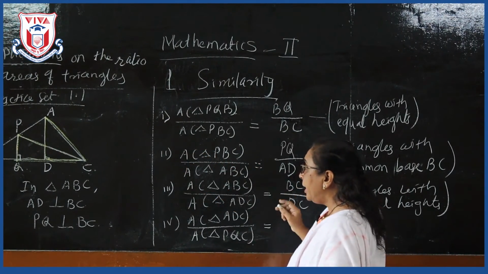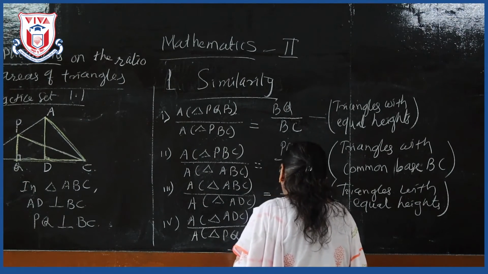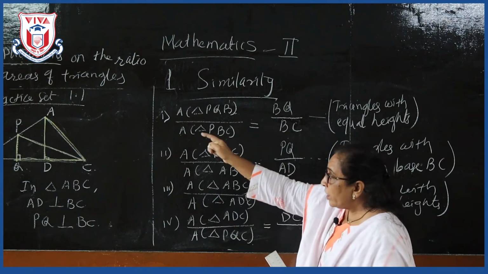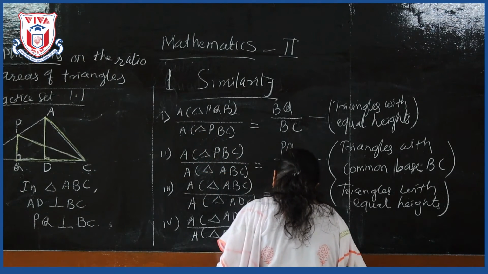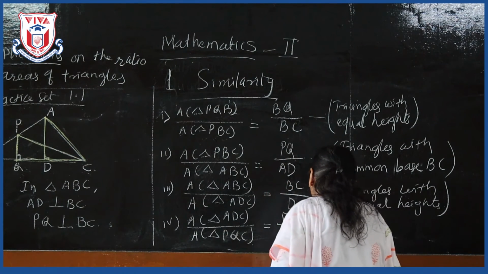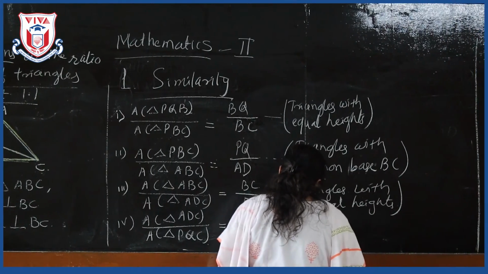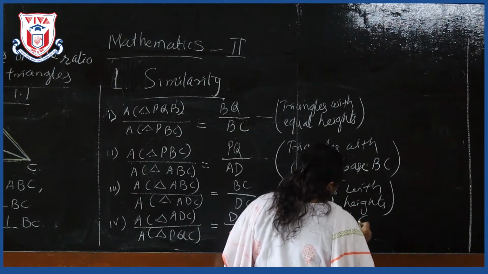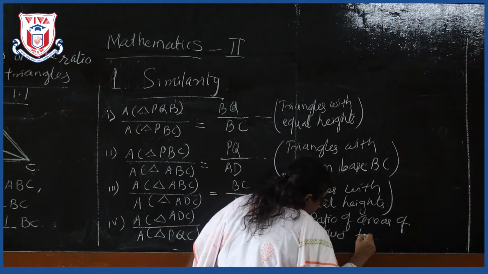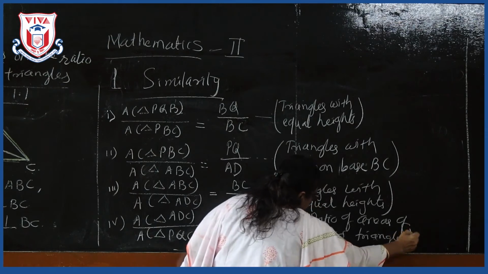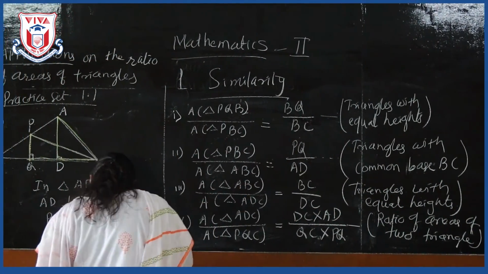For triangle ADC, base is DC and height is AD, divided by, for triangle PQC, base is QC and height is PQ. And the reason is ratio of areas of two triangles. You can see the reasons and you can see the answers also.